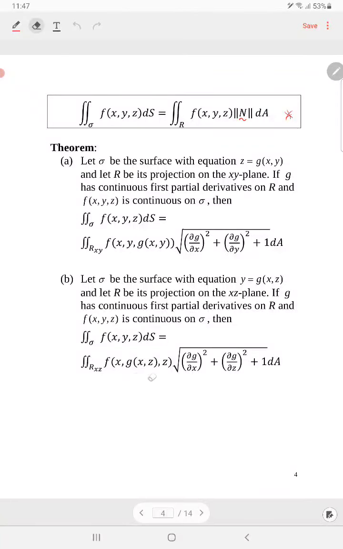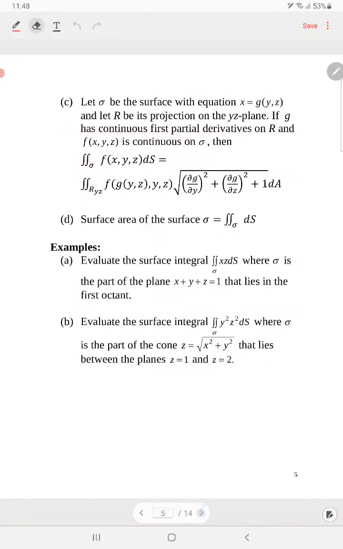So everything now would be in terms of x and z. We don't have y anymore. And ds here would be the magnitude of the normal vector dA. So that would be the square root of partial g partial x squared plus partial g partial z squared plus 1, and then integrate over region R, which is on the xz plane.